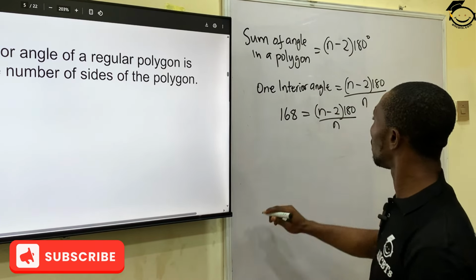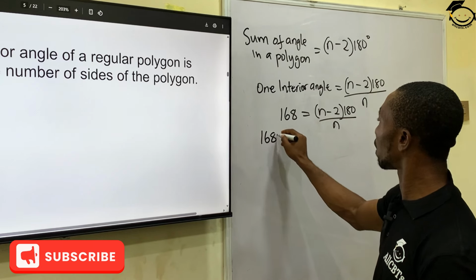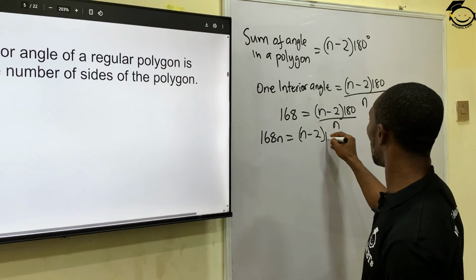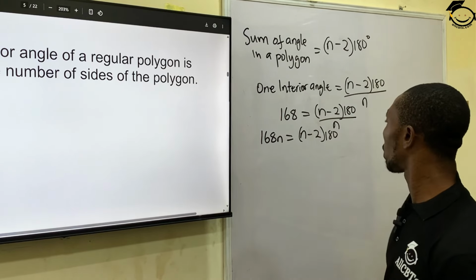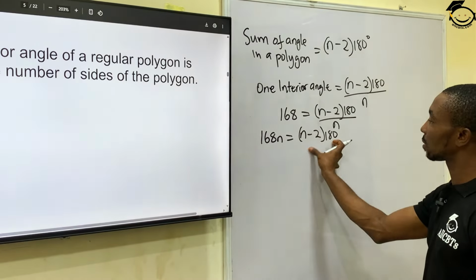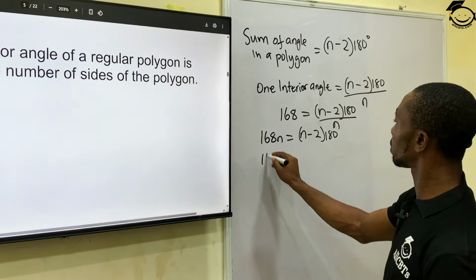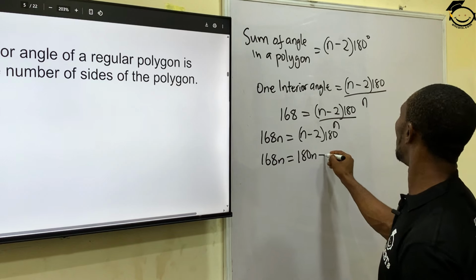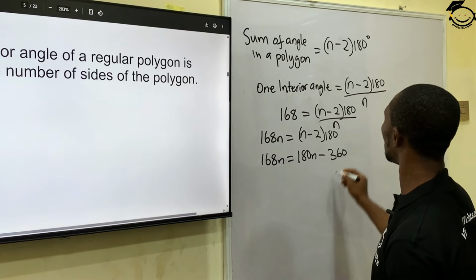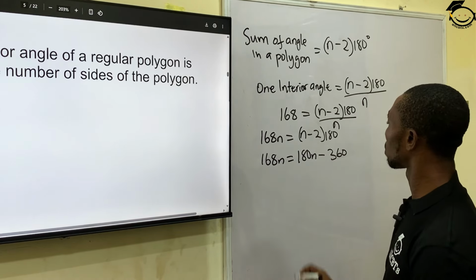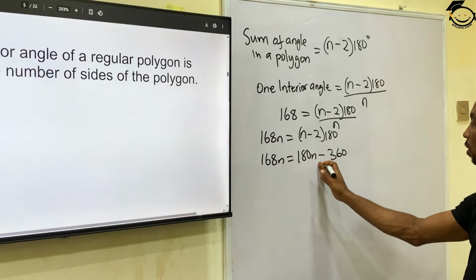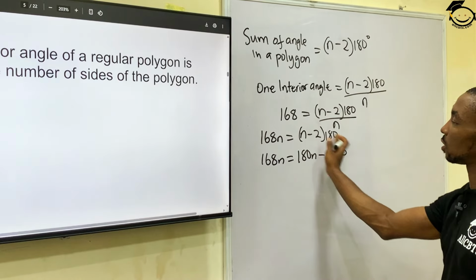Cross multiplying, this becomes 168n equals (n minus 2) times 180. Okay, if we open up this bracket, this becomes 168n equals 180n minus 360. Okay, collecting like terms, I'll try to keep it positive. So I'll move 168n over to this side and move our negative 360 over this way.